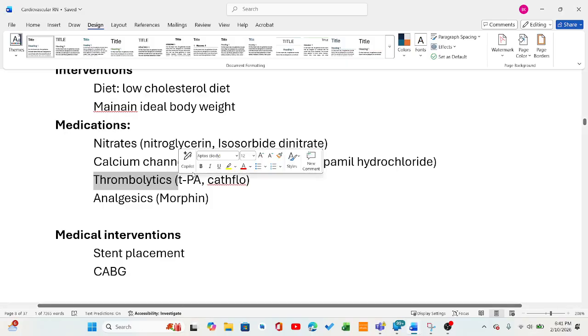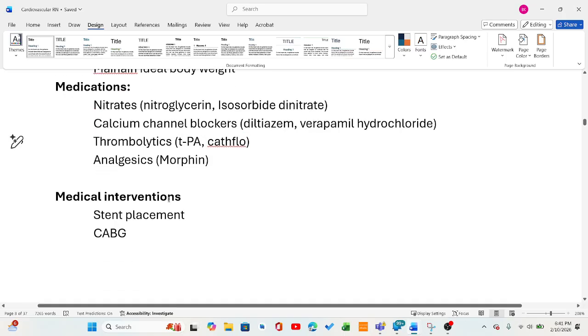The anticoagulant will prevent clots from forming, and the two major anticoagulants we did talk about are heparin and also warfarin. In terms of thrombolytics, they dissolve the clot. So if the obstruction is because we have a clot there, the doctor will order a thrombolytic. The common one that we have is called TPA. So take note of that as well.